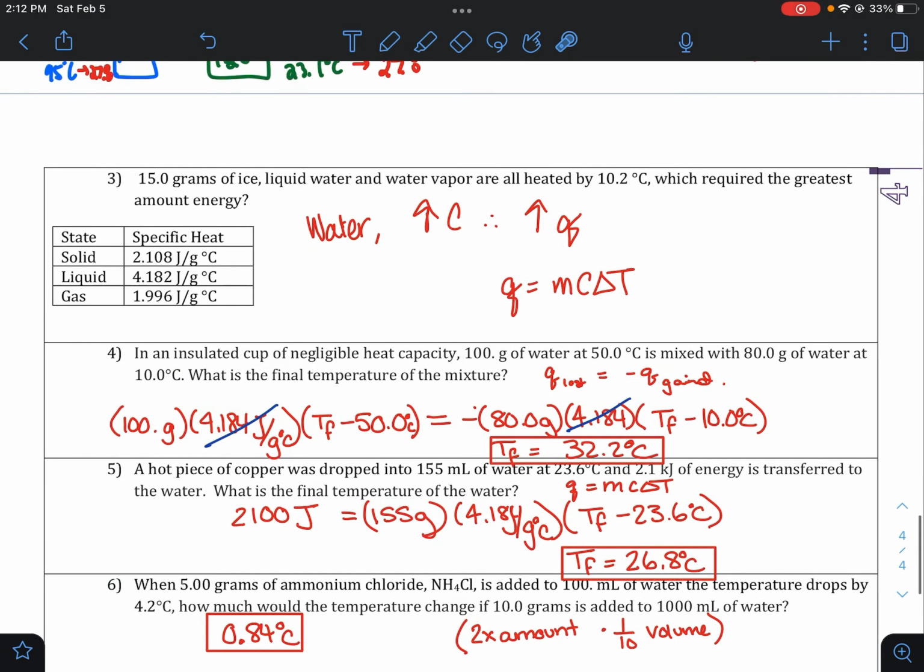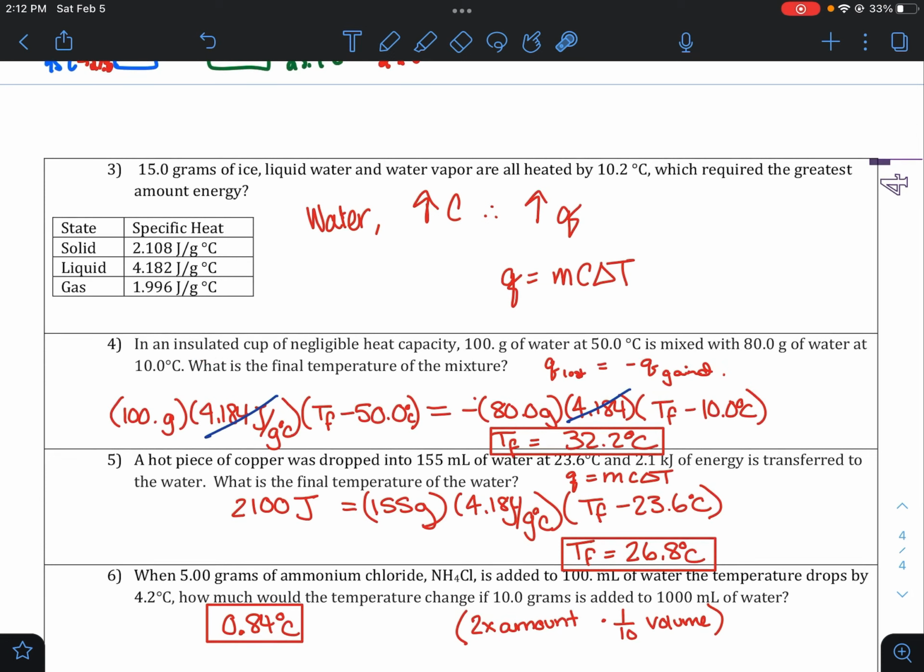Number 4, in an insulated cup of negligible heat capacity, 100 grams of water at 50 degrees is mixed with 80 grams of water at 10 degrees. Again, if you need to, you can draw yourself a picture, but this one is potentially a little easier because they're both waters. You're going to set up two Q equations that are equal to each other.